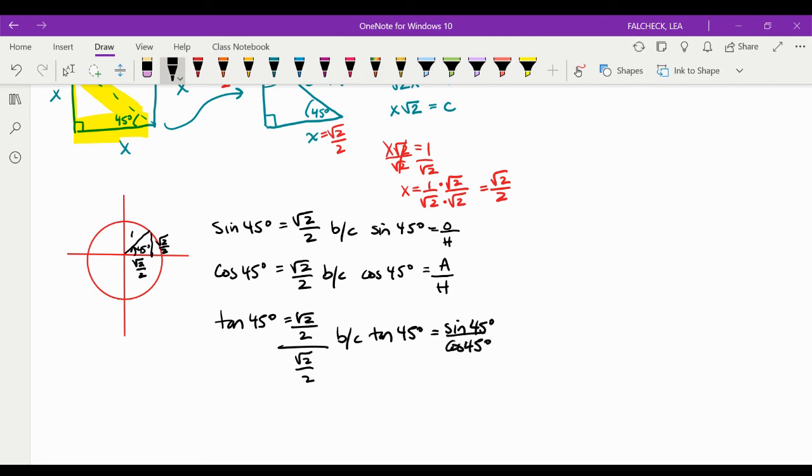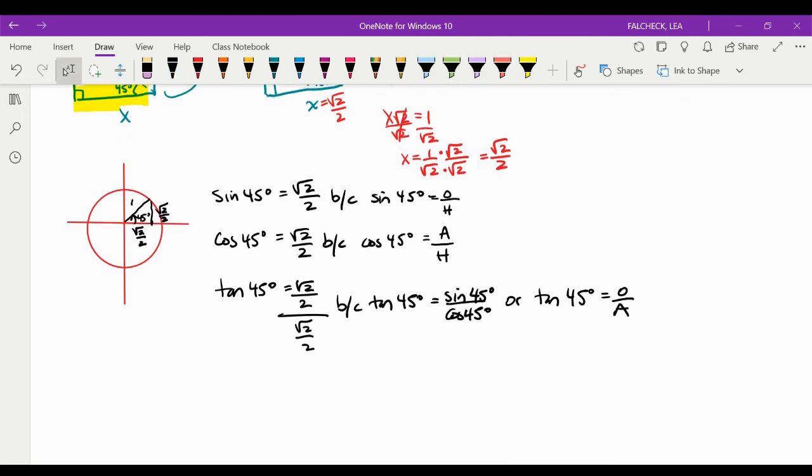We got the sine of 45 to be root 2 over 2, and the cosine of 45 to be root 2 over 2, and that reduces to 1. Or, the tangent of 45 degrees is opposite over adjacent. And these all reduce to a tangent of 45 being 1.